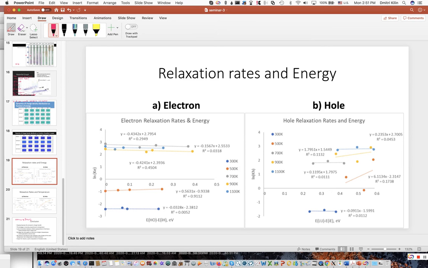It looks like there's some moderate correlation here. And then on panel B, which is my hole relaxation rates, I notice little to no correlation there with the band gap law.